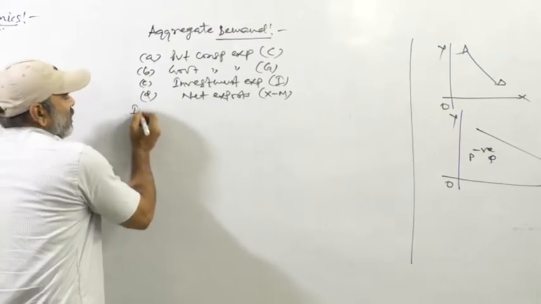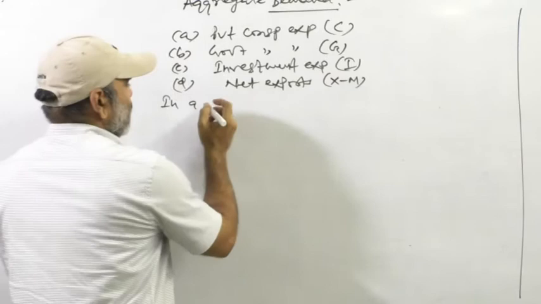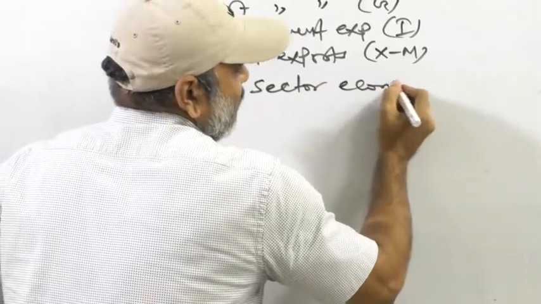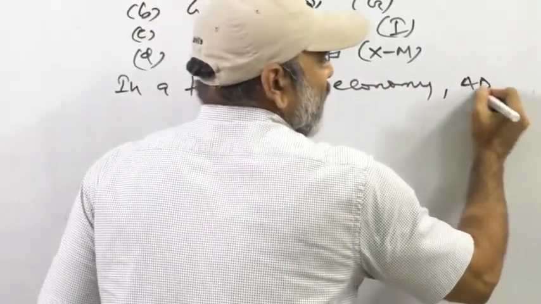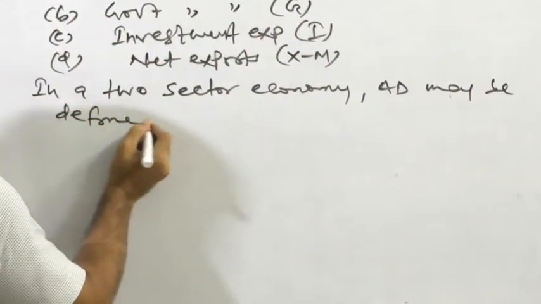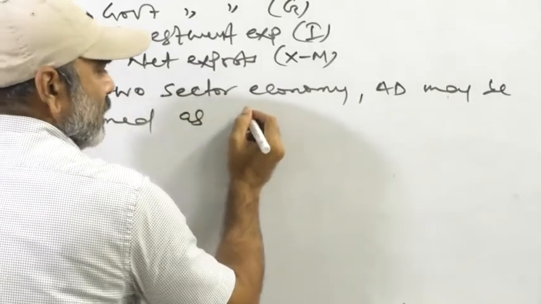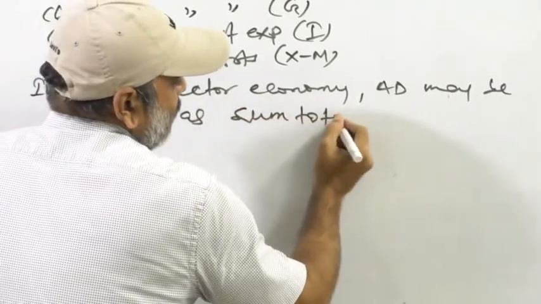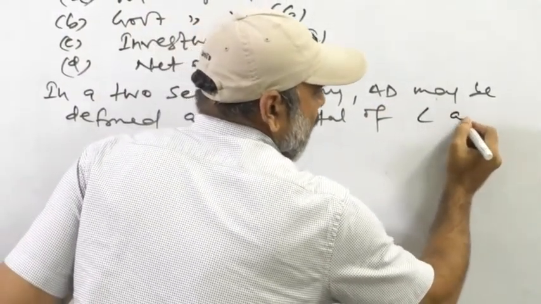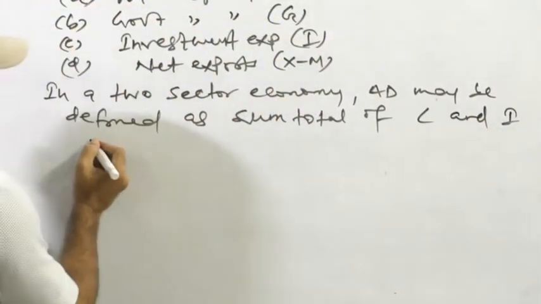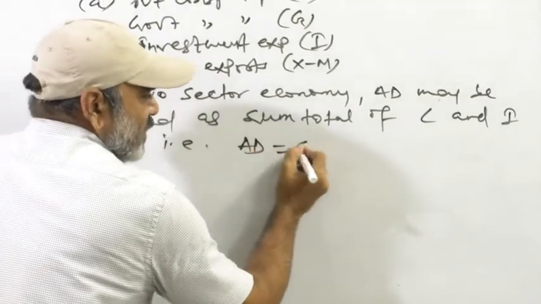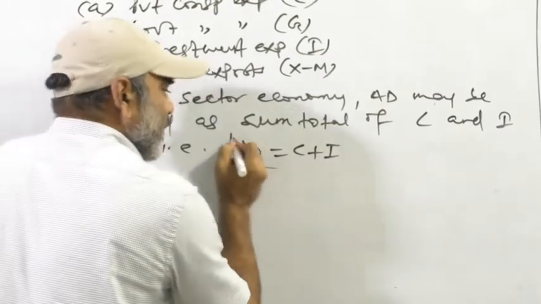In a two-sector economy, aggregate demand may be defined as sum total of consumption and investment expenditures. That is symbolically AD equals to C plus I.